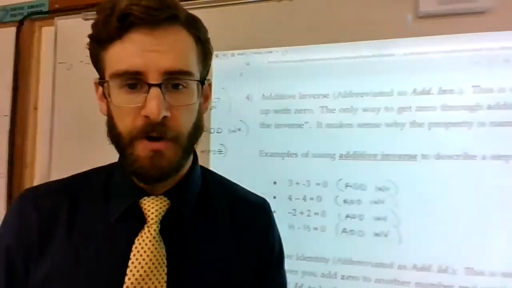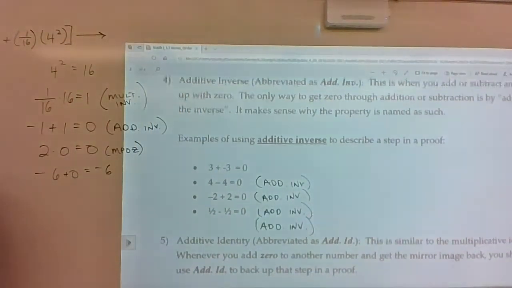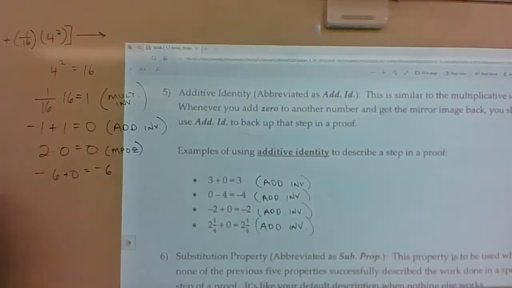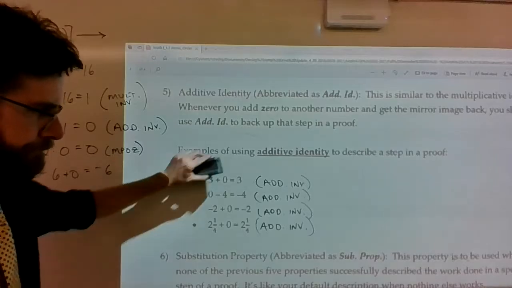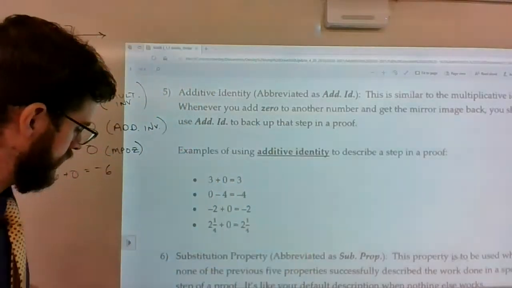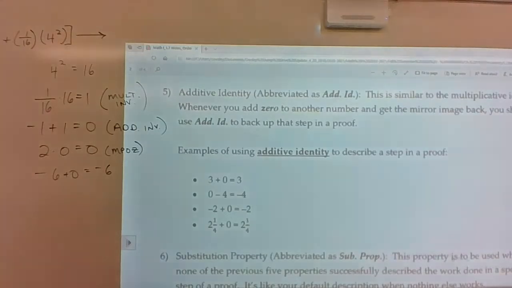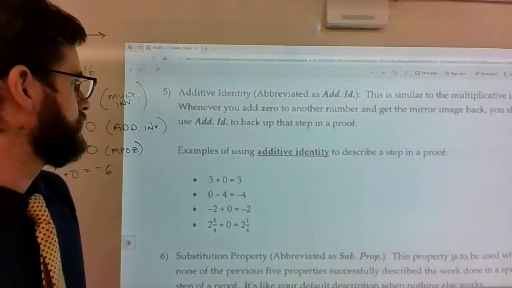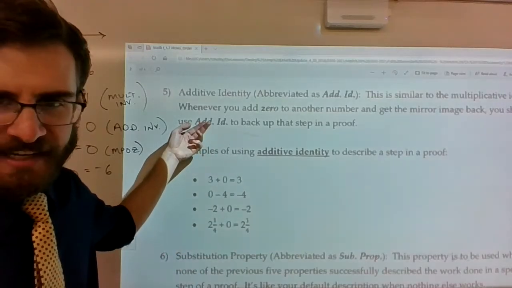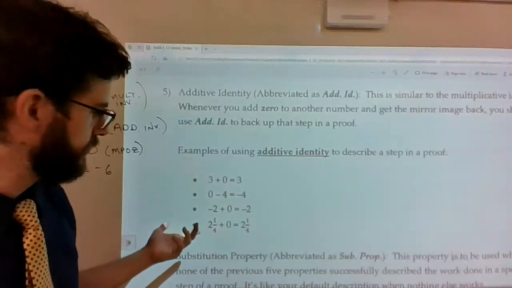All right, we're down to 2 properties. Additive identity. This establishes another property regarding 0. It says that whenever you add 0 to another number, you get the mirror image back. So you should use additive identity whenever it's something like 3 plus 0 equals 3.